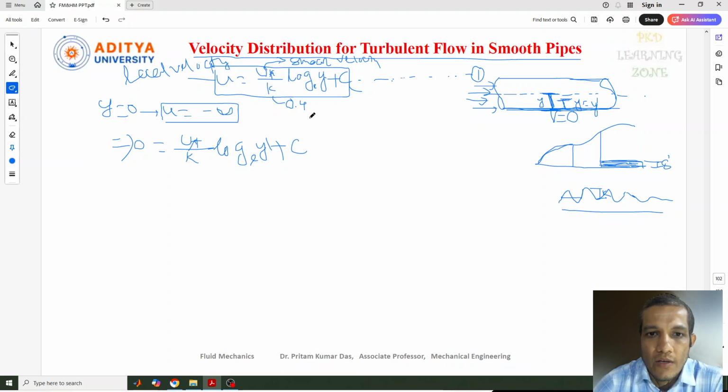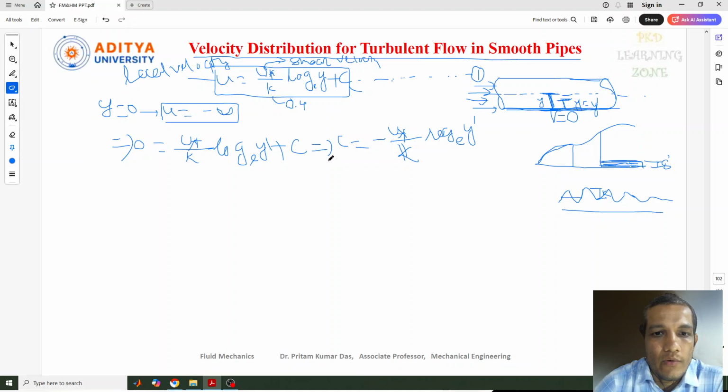Now we'll find out the value of c. So c is nothing but, taking this value to that side, minus u star by k log e y dash. So this is the equation.